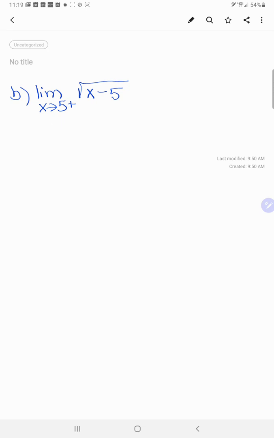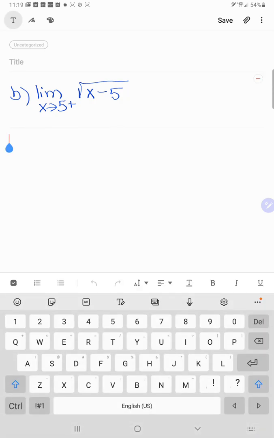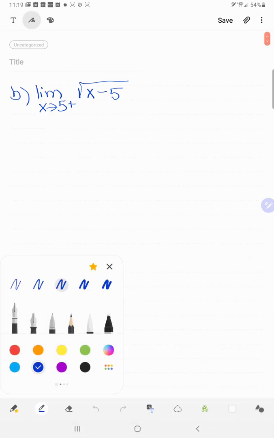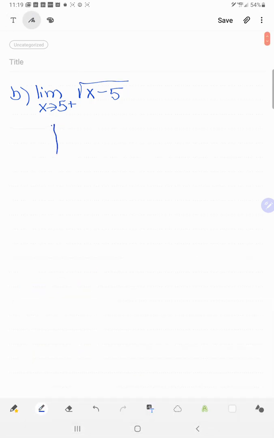If you remember how to graph the function, so we have 1, 2, 3, 4, 5. So the function looks like this.